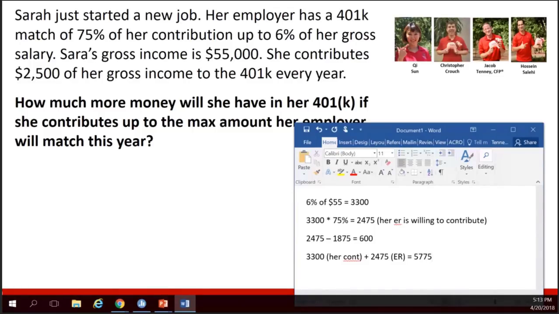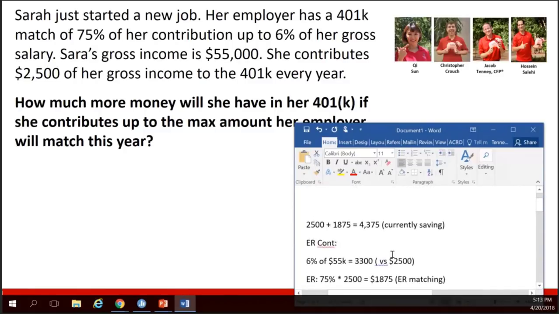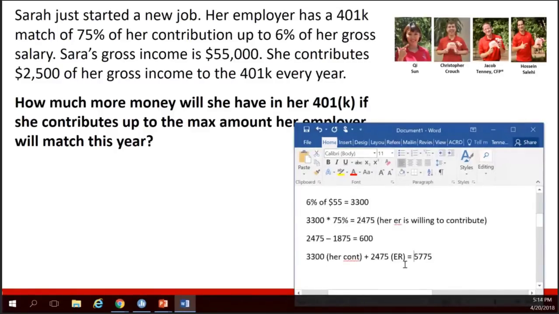Okay, yeah, thank you, Jennifer. And then you need to find the difference between this number and the money that she's saving right now. So 5,775 minus 4,375 is 1,400.